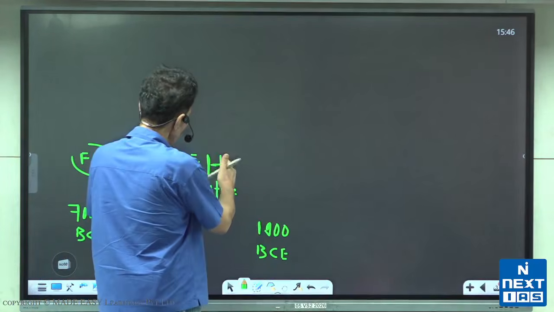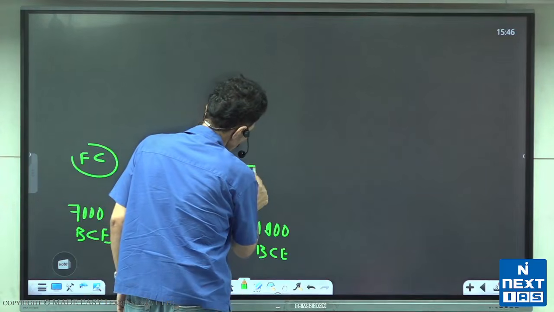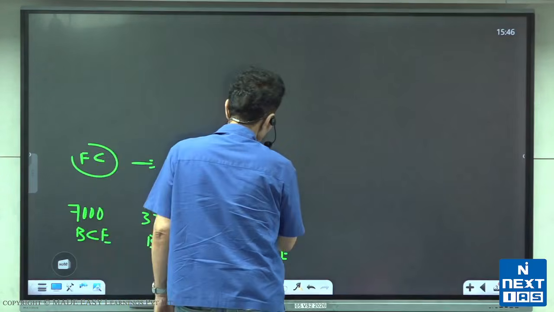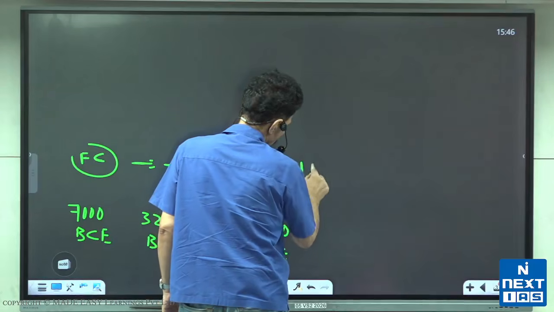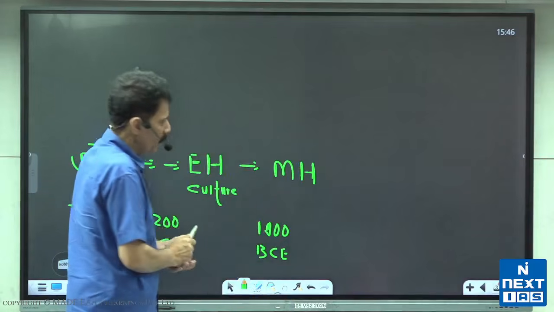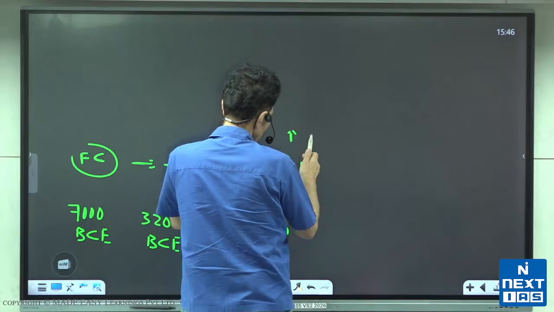So these many early Harappan cultures evolved into what is given the name mature Harappan, beginning 1900 BC. Mature Harappan represents not a culture, rather a civilization.